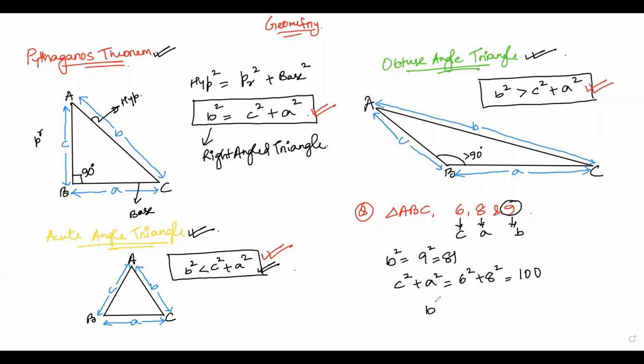So here b square is less than c square plus a square. So we can say that this triangle ABC would be an acute angle triangle. So we can directly apply this approach whenever we need to find the kind of any triangle.